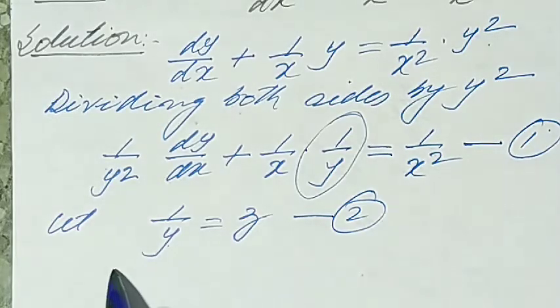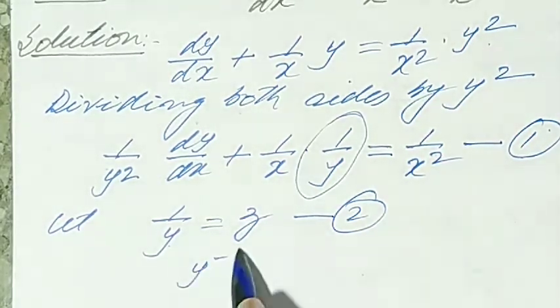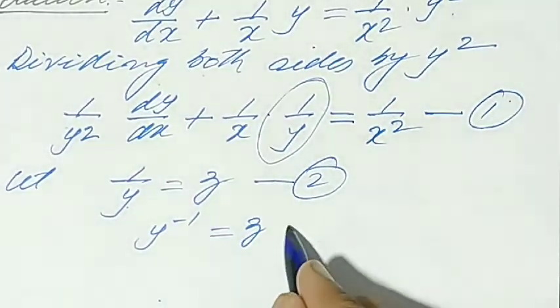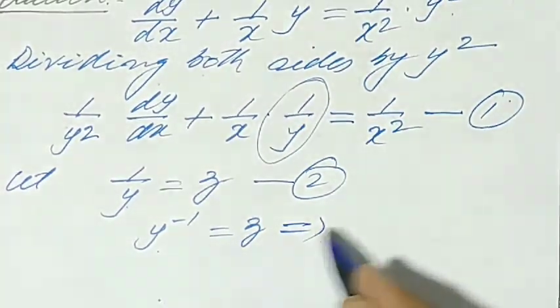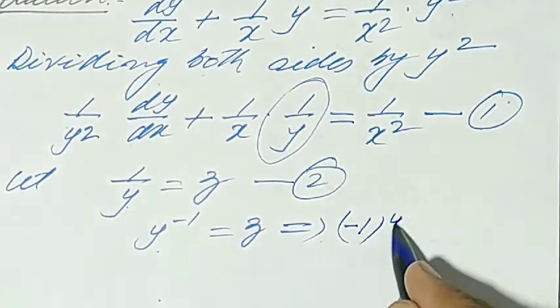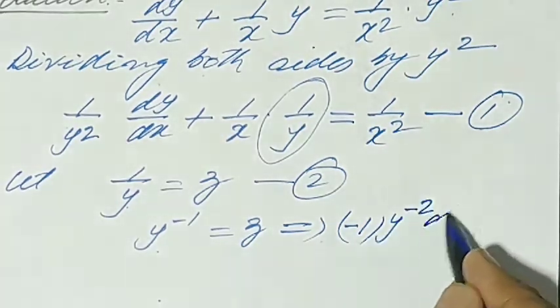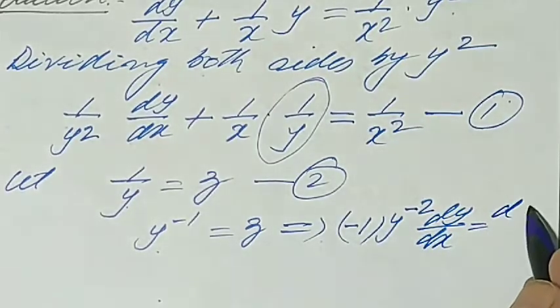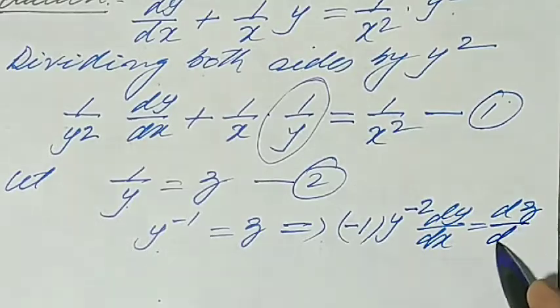Let it be equation number 1 and let it be equation number 2. This may also be written as y^(-1) = z. If we differentiate this equation with respect to x, by chain rule we get -1·y^(-2) dy/dx = dz/dx.